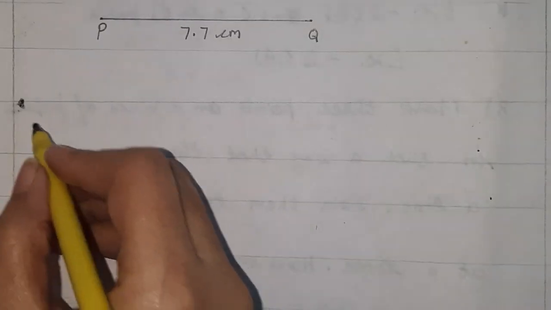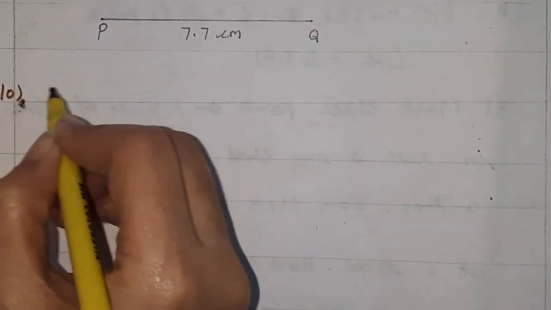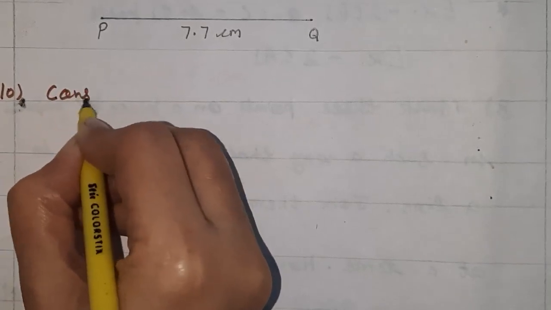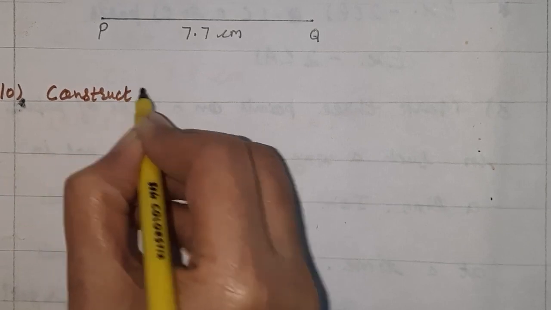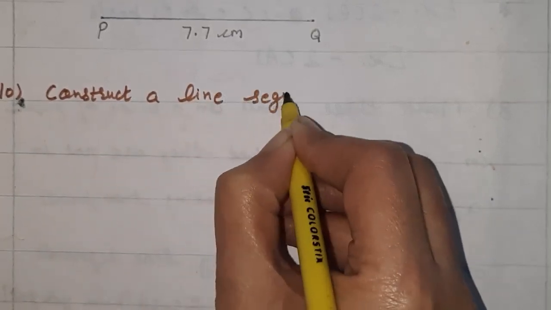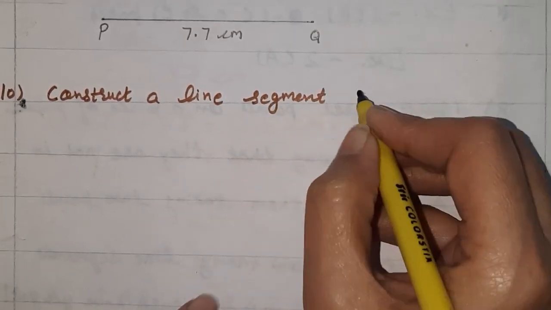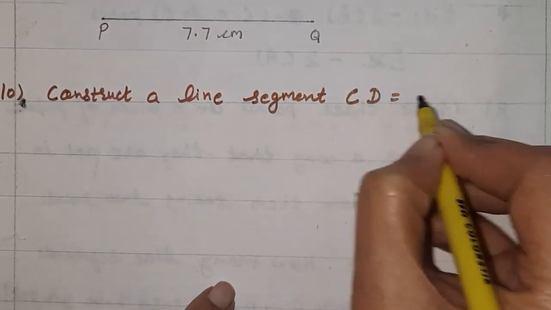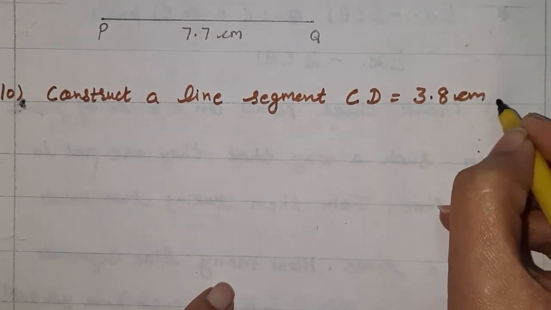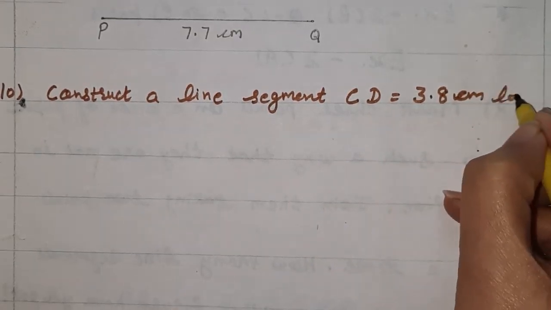Now, the next question is question number 10. Construct a line segment, name is given CD. Measurement is 3.8 centimeter long.